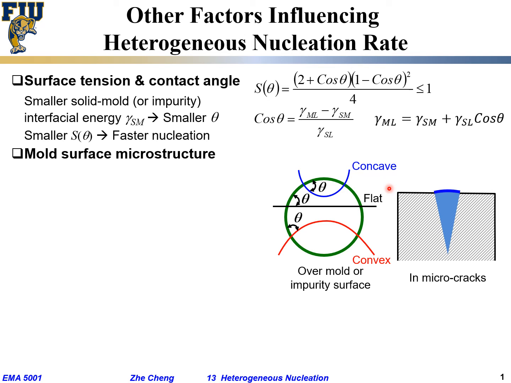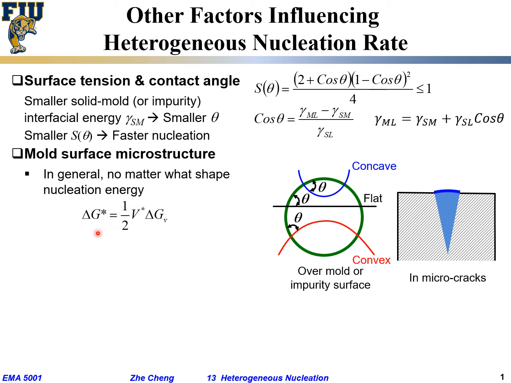Makes sense? So, in general, no matter what shape the local mold is, the critical nucleation energy is always delta GV times half of that volume. So the smaller the encompassed volume, the smaller the barrier.